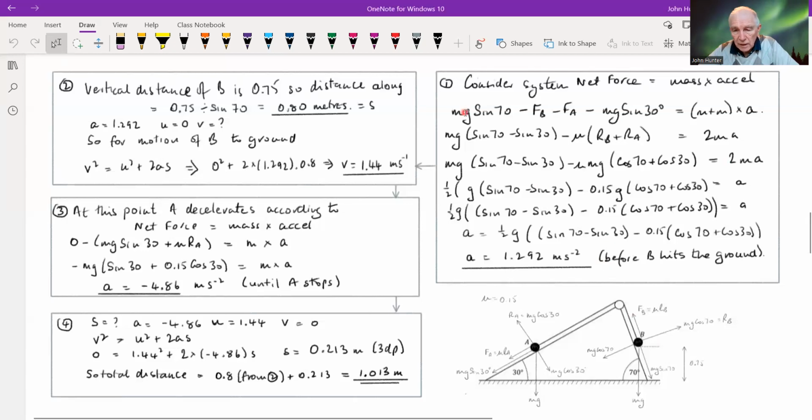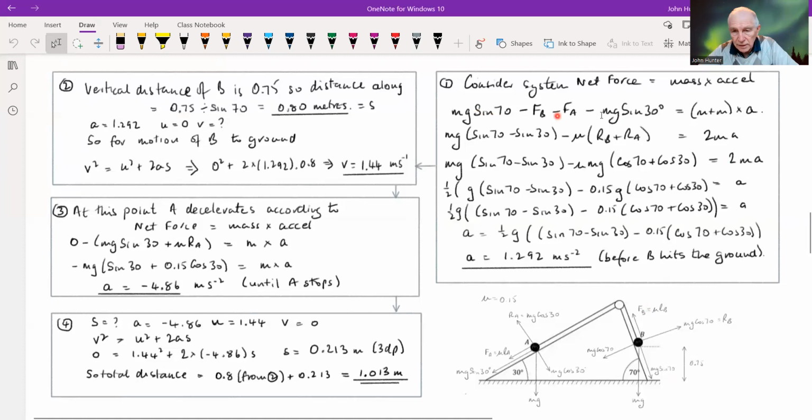So if we look at that, we've got the net force acting on the system. Well, we're looking at motion down in this direction, B being the one falling. So we've got mg sin 70, that's the resolved part of the weight coming down there, minus the force of friction acting on B, minus the force of friction acting on A, and minus the resolved part of the weight of A acting down the plane.